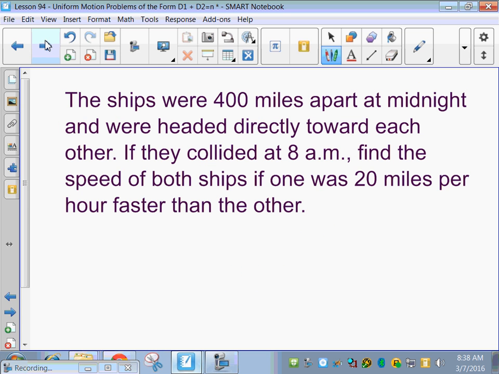Let's see. Well, let's do this one. All right. The ships were 400 miles apart at midnight, and were headed directly toward each other. Okay? So our picture is going to look different. They're starting a certain distance apart, and they're heading towards each other. Okay?